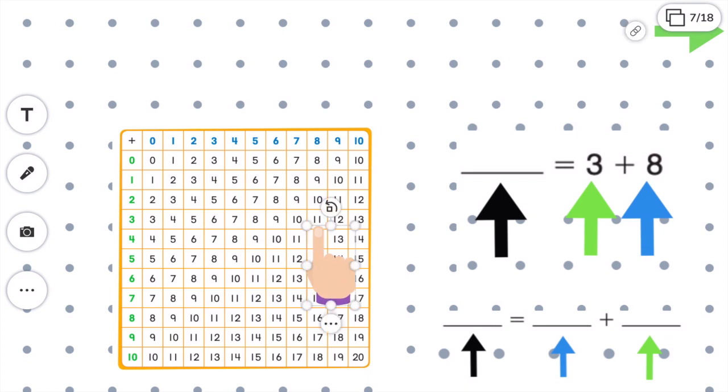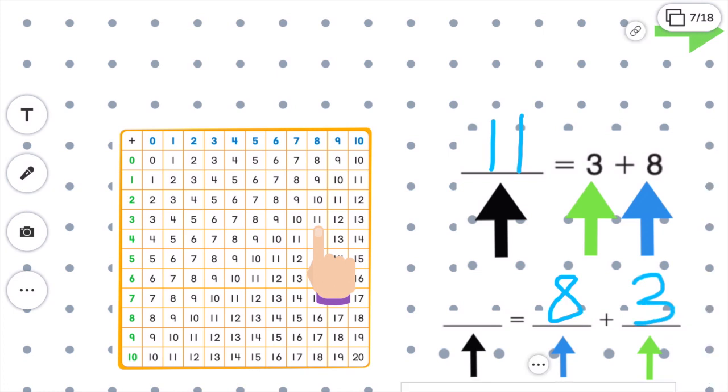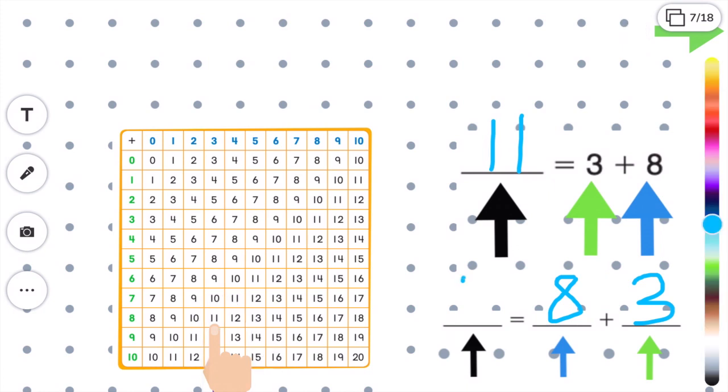So 11 is the same as 3 plus 8. So if 11 is the same as 3 plus 8, I wonder what number is the same as 8 plus 3. So now we're going to go down to the number 8 and then go 3 over to find the sum of 8 and 3. So we landed on 11 again.